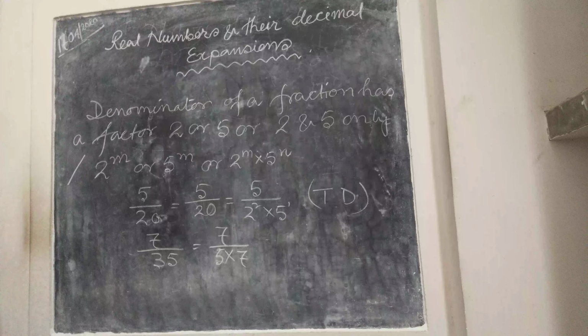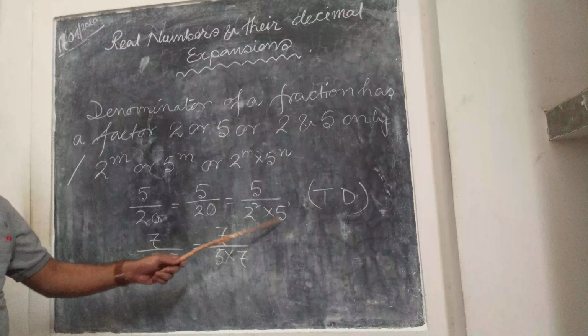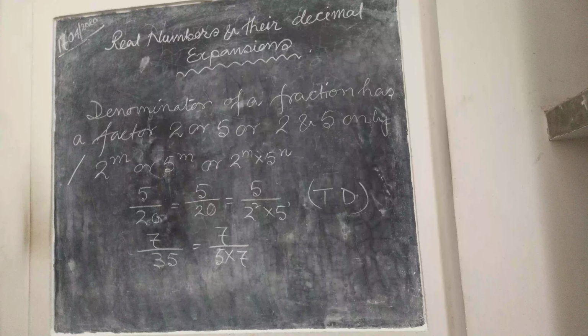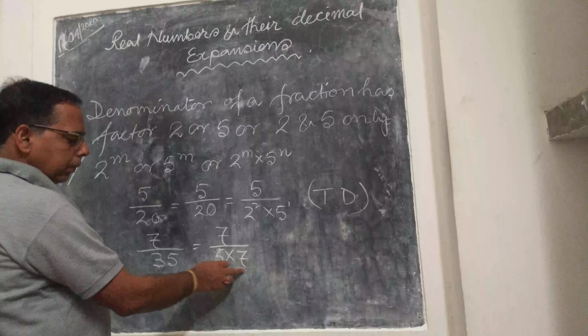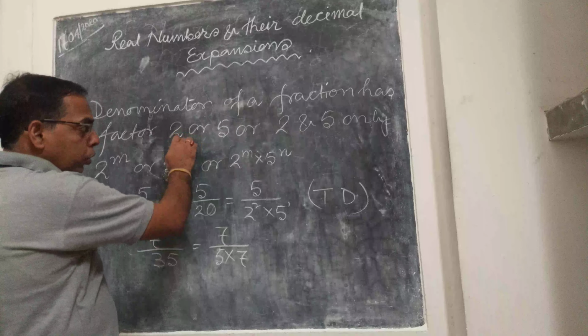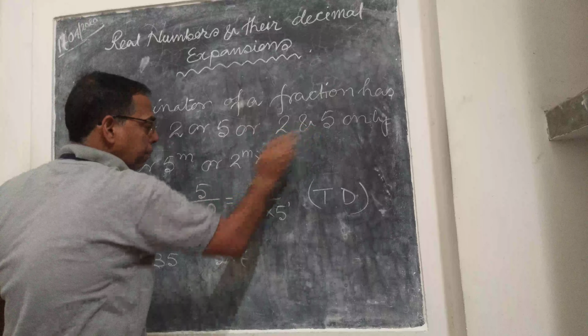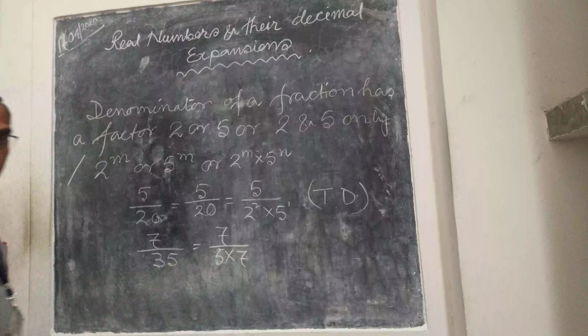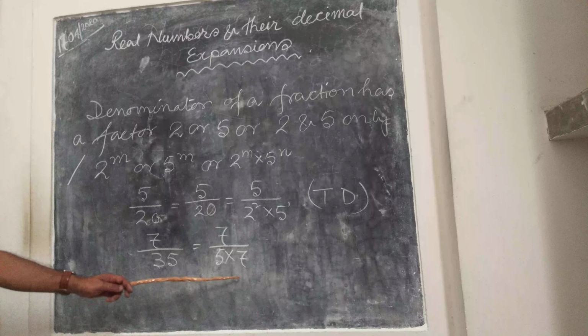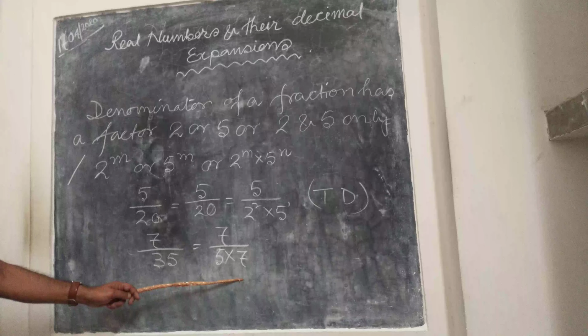Now is it terminating or not? If you see the denominator, I told you it should be 2, 5 or 2 and 5, but no other factor. But here it is 7. That means it is non-terminating?